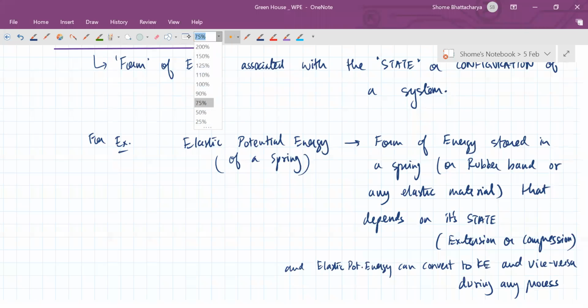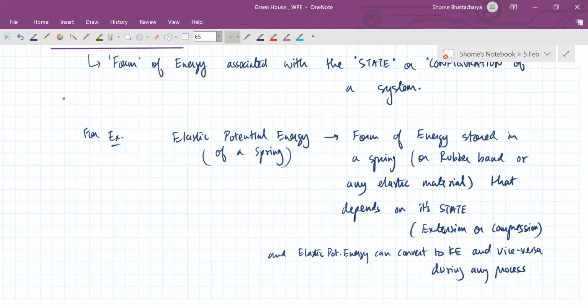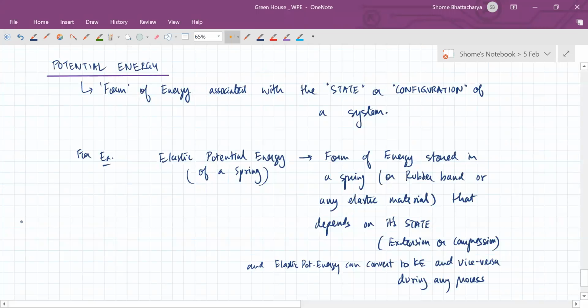So for example, we have a situation like this: a block is moving on a surface, and at the end of it there is a spring attached to a wall. The block will come and hit against the spring, and the spring will start to get compressed. Its state will change from natural length to L minus x, and the block's speed will change to v prime.